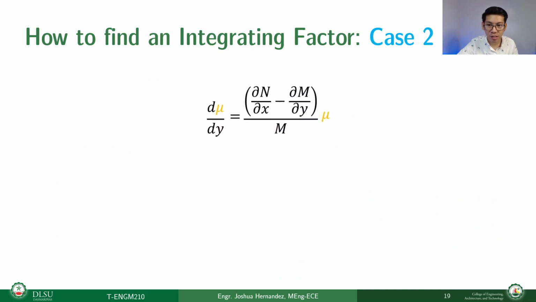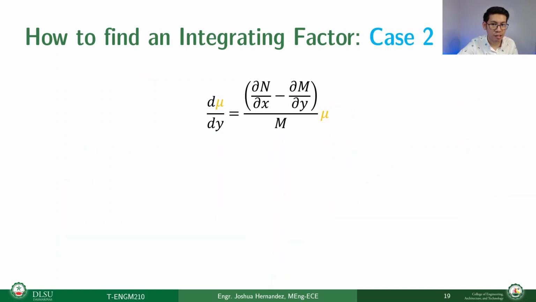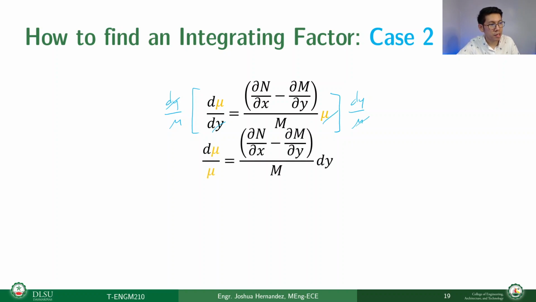In a similar fashion, what we did earlier, no, sa case 1, we can multiply dy over mu on both sides, of course, to eliminate dy here and to eliminate mu here, so that it could be transformed, or rather transposed, moved, rearranged to their respective variables, no, respective variables.